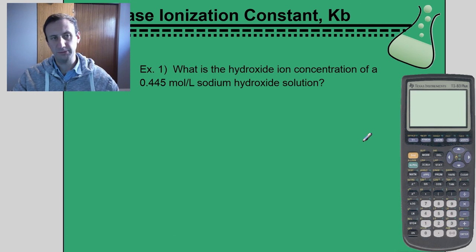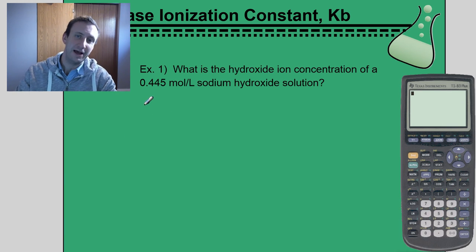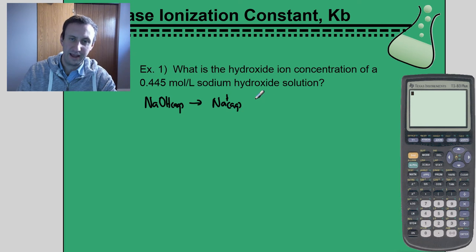So here, well, no, let's first of all do an example. I forgot that I had this in here. Of doing a hydroxide concentration for sodium hydroxide, which would be a strong base. This is a hydroxide solution. So first of all, let's realize that if I take NaOH aqueous, it dissociates into sodium ions and hydroxide ions. So if I wanted to find the hydroxide ion concentration for this, and the sodium hydroxide solution is 0.445 moles per liter, well, this is really simple.